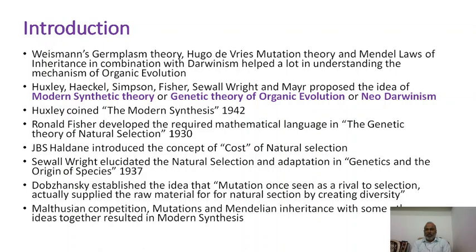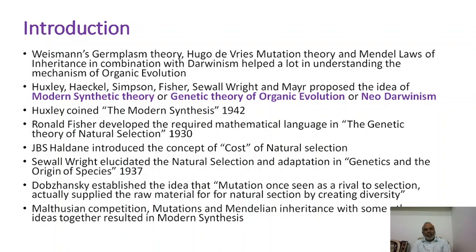Malthusian competition. Actually, Darwin was influenced by Malthusian philosophy. Malthusian competition, mutations, and Mendelian inheritance, with some other ideas like genetic drift by chance, all together resulted in the modern synthetic theory. So the modern synthetic theory explains the actual process of evolution, which occurs by small genetic changes.